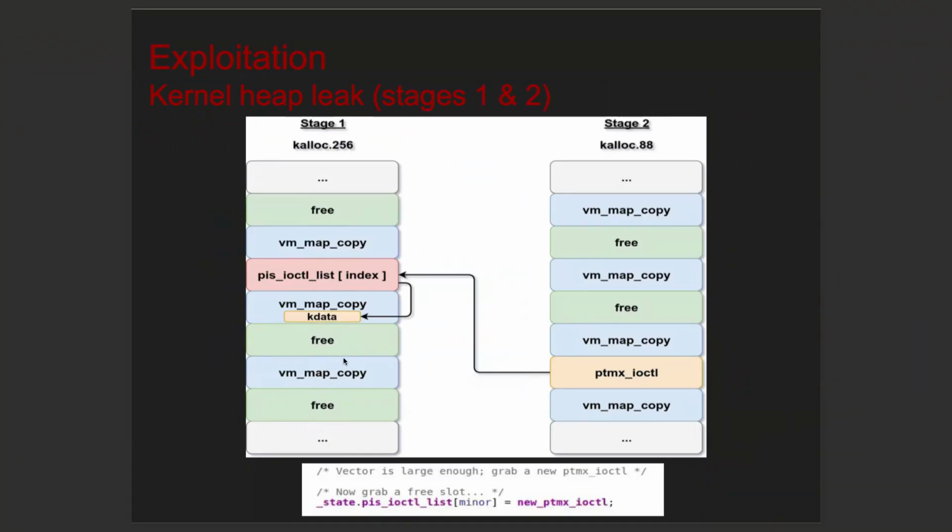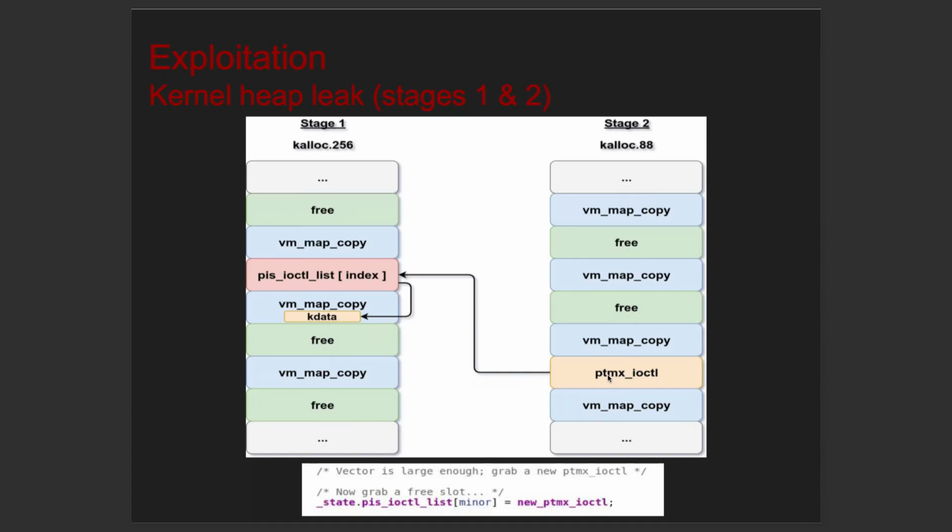So that's my first stage, right? Free VMAP copy. And this is the same pattern on the calloc88 zone. When you trigger the bug, this PTMX IOCTL structure is allocated. It goes into one of the free slots, right? And then the bug itself, which is what we see here, is, remember, you control the index.